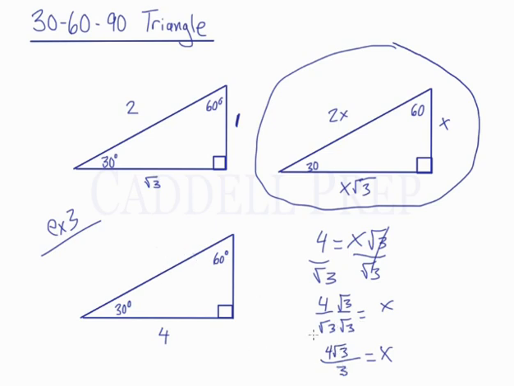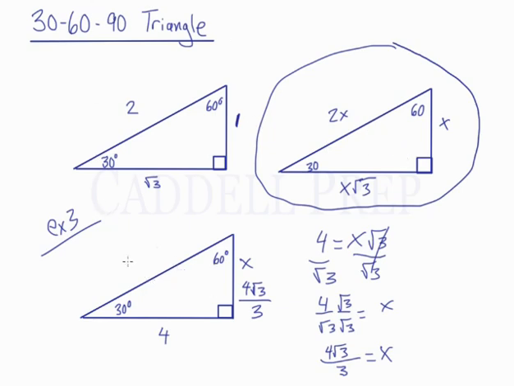So now we have x, we could find the other sides. So let's find the side across from the 30, and we see across from the 30 is just x. So this side is x, and we know that x equals 4 radical 3 over 3. So this side is 4 radical 3 over 3. The hypotenuse is 2x.